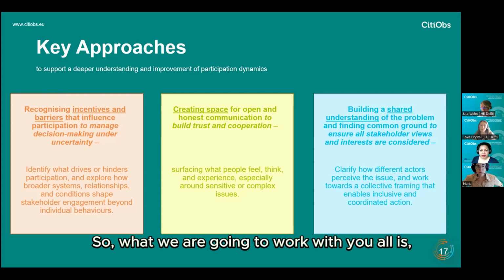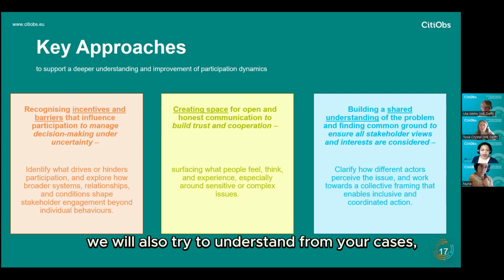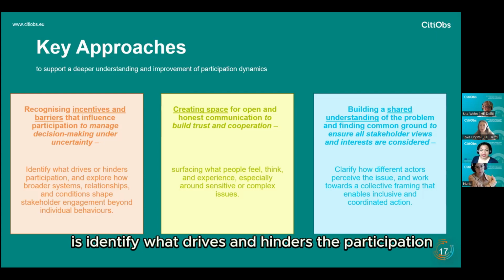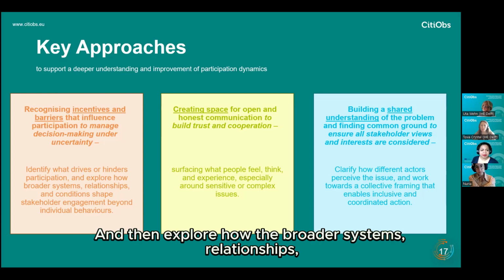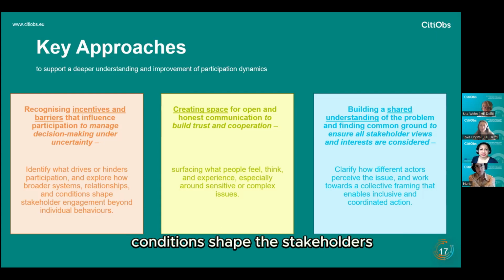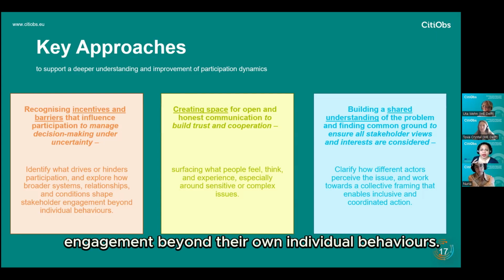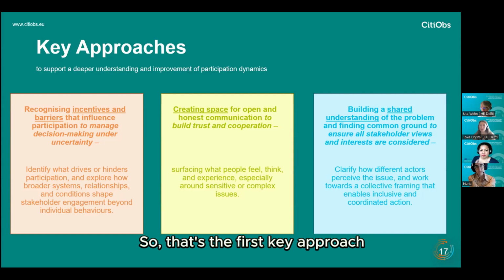So what we are going to work with you all is we will also try to understand from your cases, identify what drives and hinders the participation, and then explore how the broader systems, relationships, conditions shape the stakeholders' engagement beyond their own individual behaviors. So that's the first key approach that we are going to work with you all.